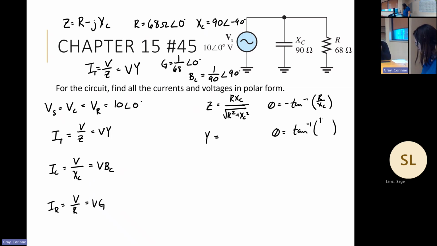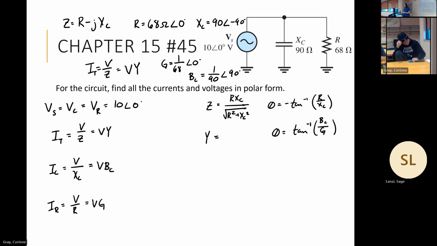So we'll have BC over G. Sorry, I don't think I wrote down the equation for Y. Y is just equal to the square root of G squared plus BC squared.